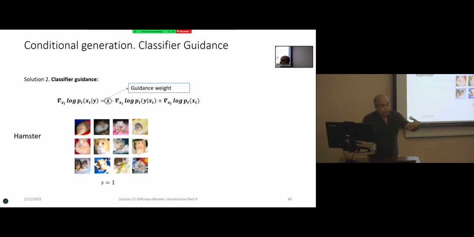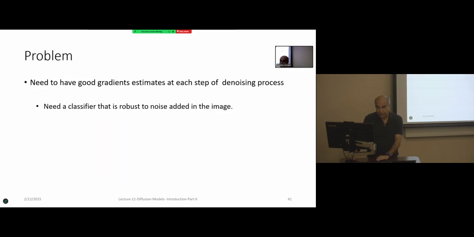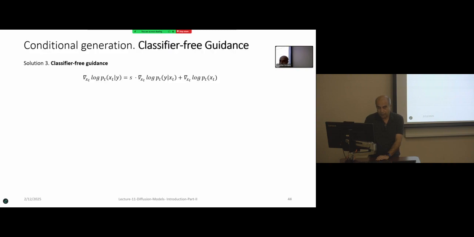You keep adding noise. So training that classifier is a problem, and it will not be robust to noise, which would be a problem. So that's why we don't want to do that. A very interesting thing is called classifier-free guidance, where you can do the conditional generation but you don't have to use a classifier, which is very, very nice. Listen carefully, it's very interesting.